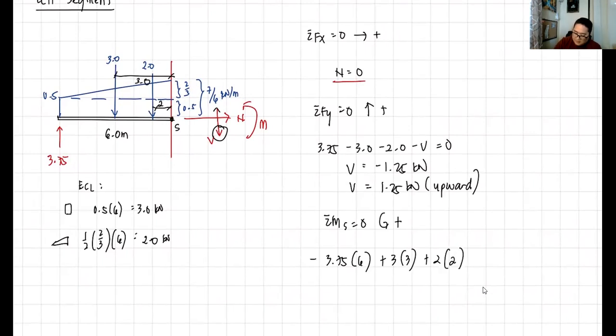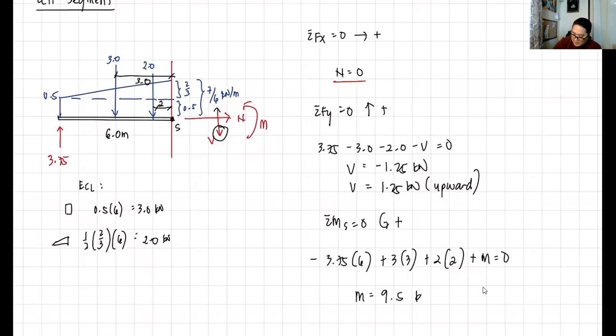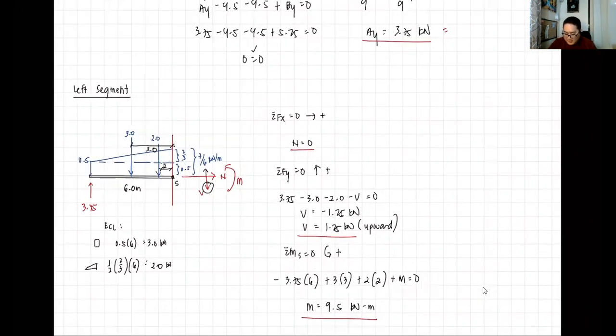And then dito, ang magro-rotate lang is yung M na value, no? Plus M equals to 0. So we have negative 3.75 times 6 plus 3 times 3 plus 2 times 2. We have a negative value. So transpose natin, magiging value niya is 9.5 kilonewton meter. So this will be our answer for moment. Okay? So, ayan. So ito yung ating left segment.